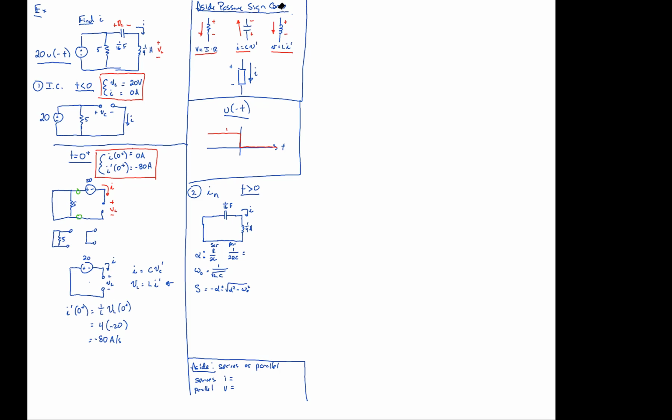Let's do it again. If we use the series, it's going to be 0 over 2 times whatever that inductor is, which is 1/4. So this is going to be 0.